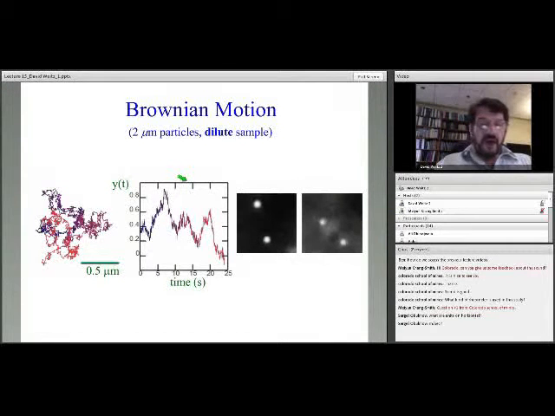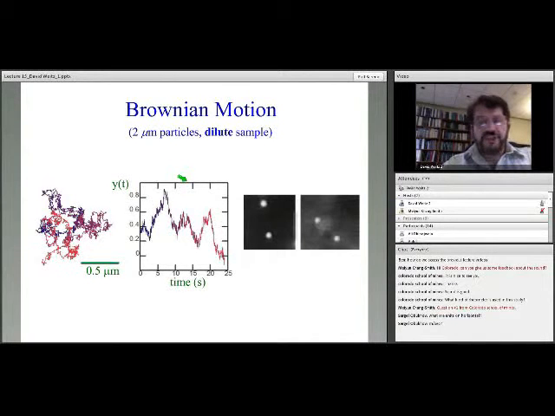Now, normally if you worry about microscopy, you think of the resolution of a microscope as being given by the Rayleigh criterion, which is half of the wavelength of light, or some fraction of the wavelength of light. And while that is correct, what that really refers to is how close two particles or two points in the image can be so that you can resolve the fact that you have two points.